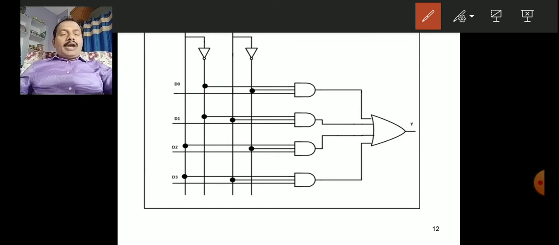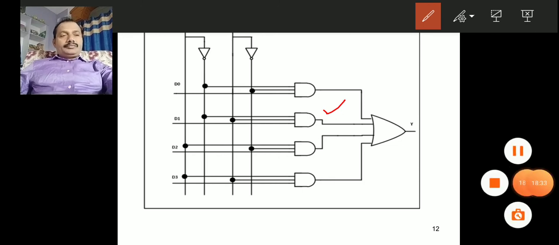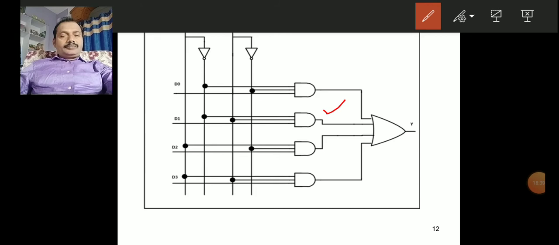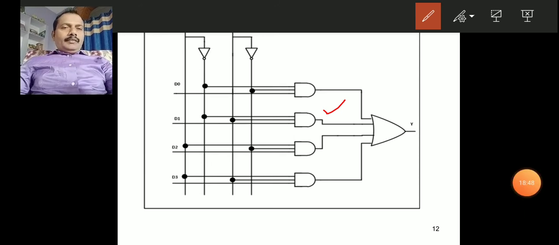Similarly, you have to connect D1, that means S1 bar, S0 and D1.